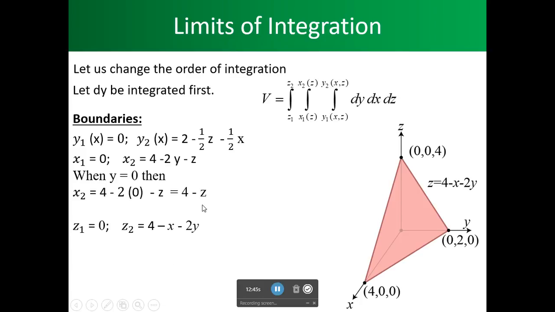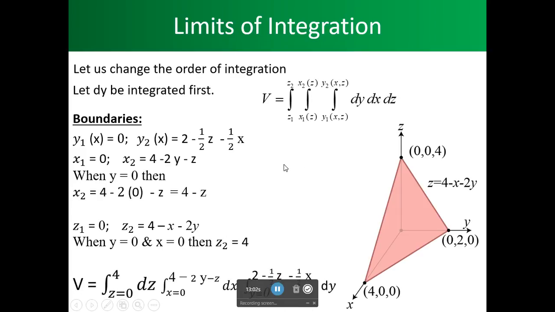Now we need our z component. z equals 0, and we're already given this equation from the beginning: 4 minus x minus 2y. So when y equals 0 and x equals 0, we get 4. So z2 equals 4.